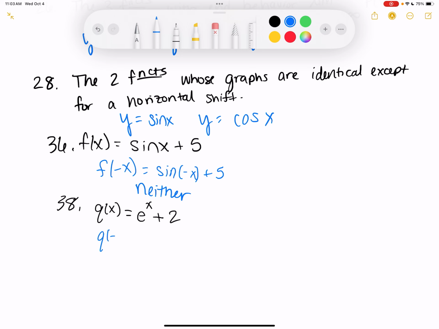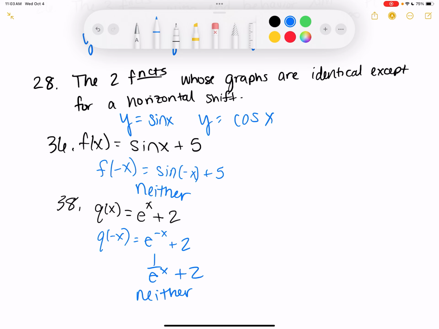So q of negative x is equal to e to the negative x plus 2, which we can think of as 1 over e to the x plus 2, which does not completely change or keep the same the function. So this one is also going to be neither, because the function looks different now, not just a sign change.